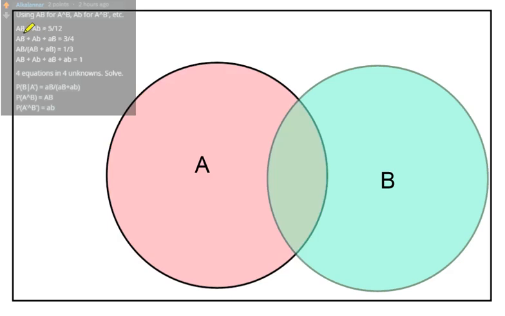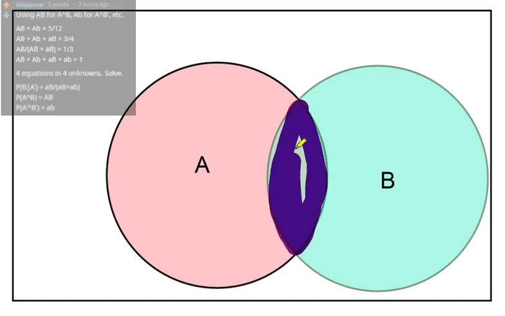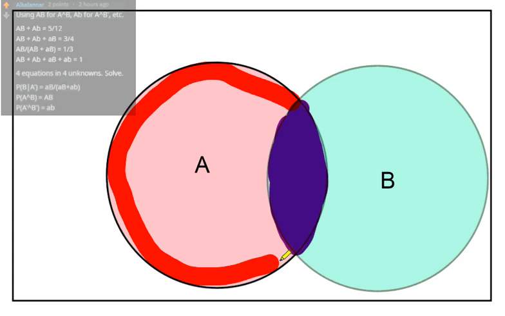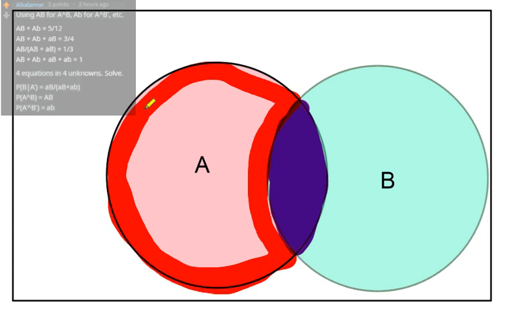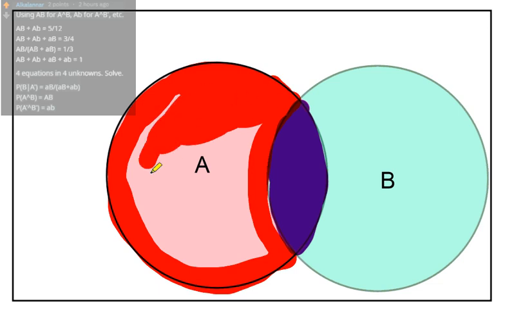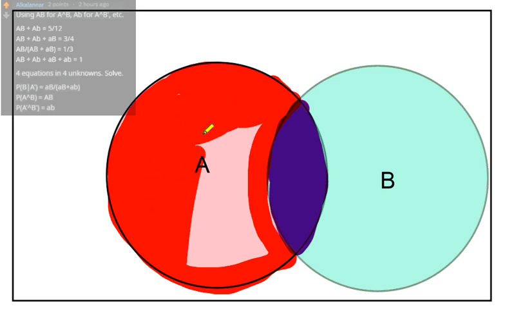Next part, the probability of A and B happening. That's that middle part again. I'll color it purple again. Okay, plus the probability of A happening and B not happening, which once again is going to look pretty similar. By the way, when you solve these, this is a part that you can substitute in for. You can substitute that first value in for this part right here.